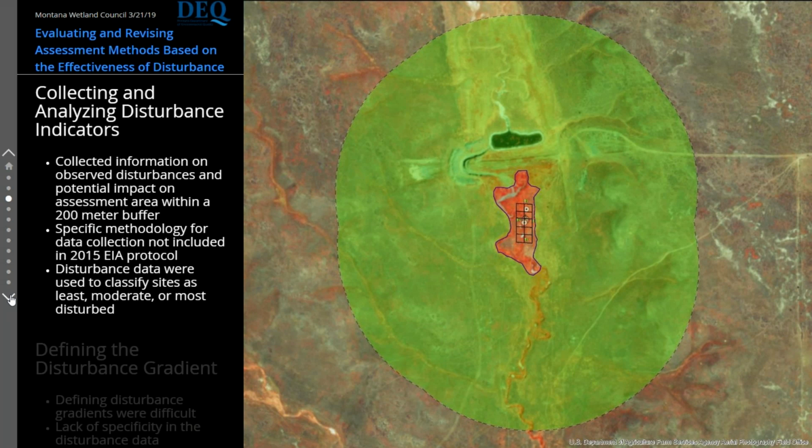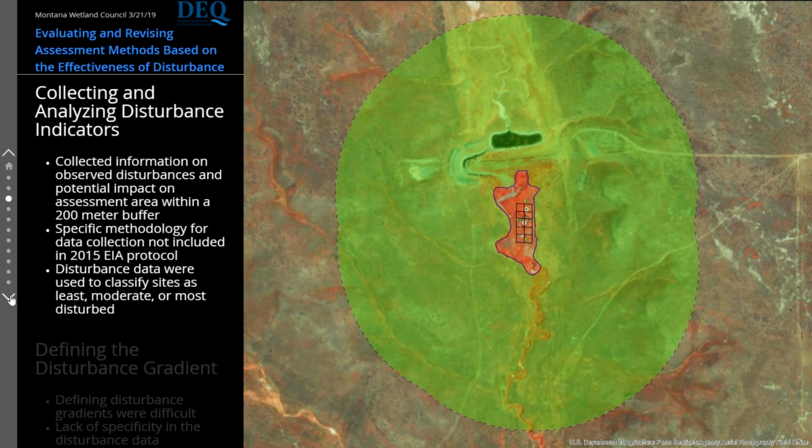After all this data was collected in the field, we were going to use it to help us set up disturbance gradients for the Musselshell River Basin from least to most disturbed sites. This disturbance gradient, and in particular the least disturbed sites, is what we base our classification of wetland condition on. I believe this is exactly how you guys did it, or very similar.